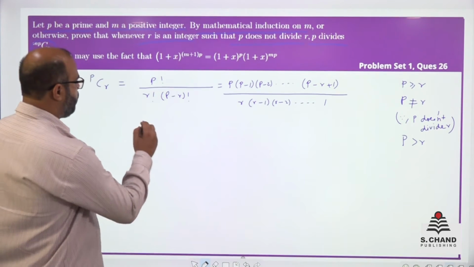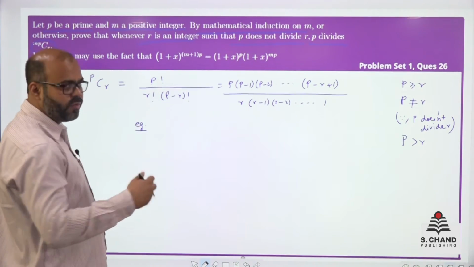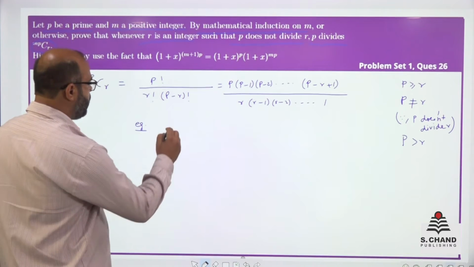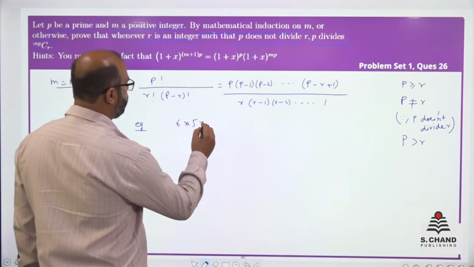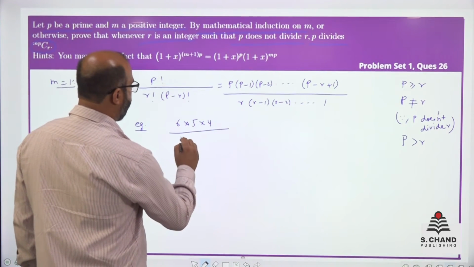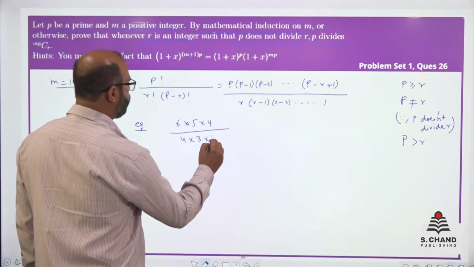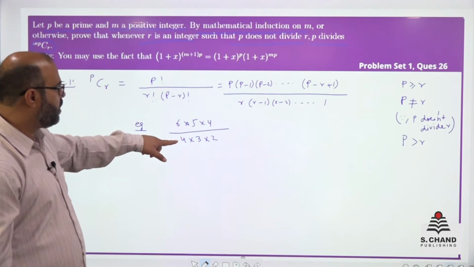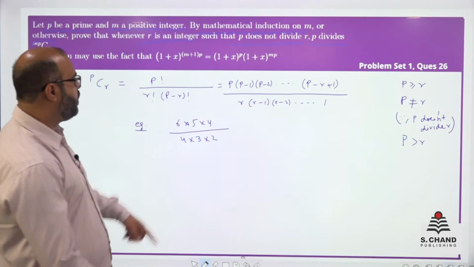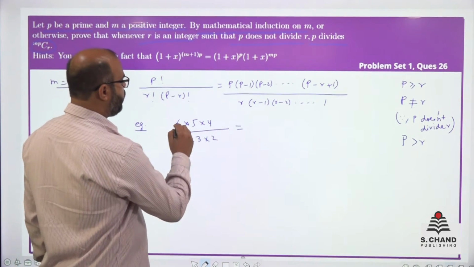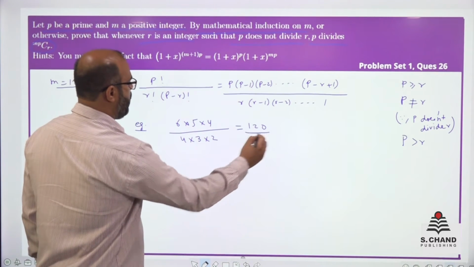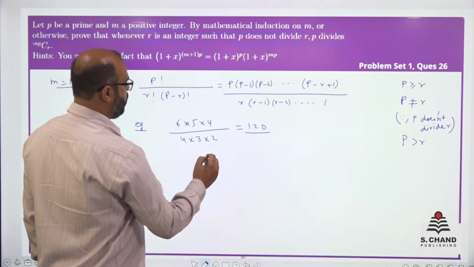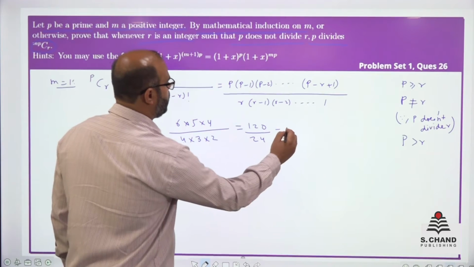Why? I am not going into the theory of that. To make you understand, I am taking 6 into 5 into 4, 3 consecutive integers. 4 into 3 into 2, these are also 3 consecutive integers. Where p, which is 6, is greater than r, that is 4. Then they will be completely divisible, as this will be 120 and this will be 24, that is 5.